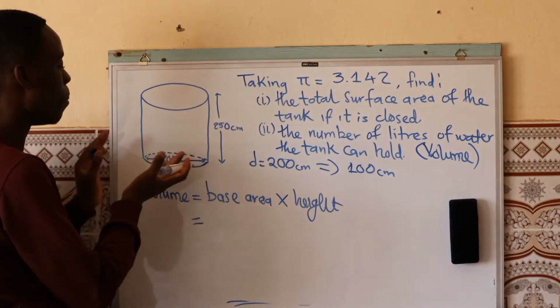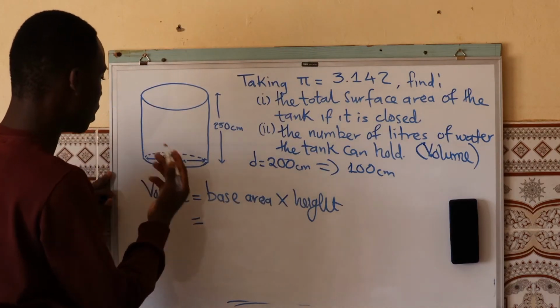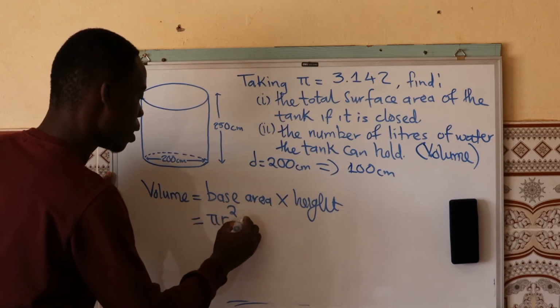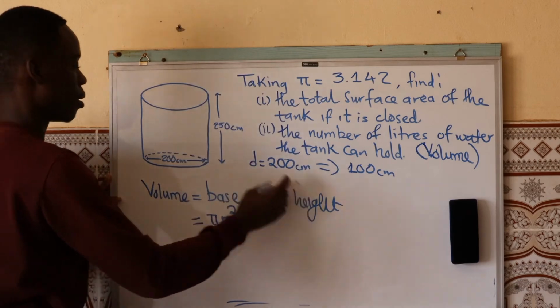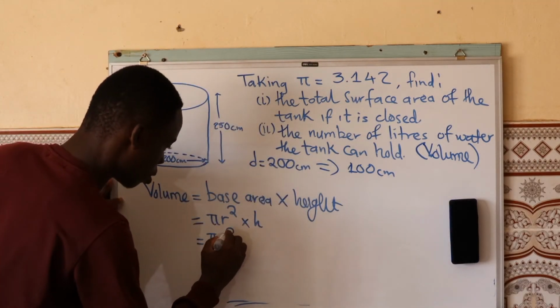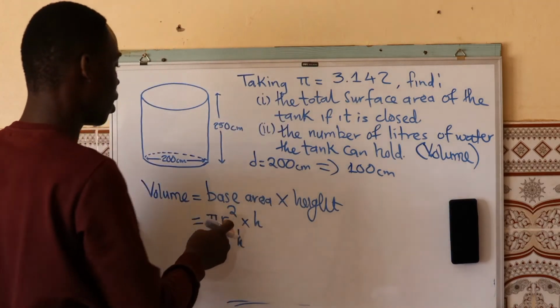In our case, our base area is a circle, and the formula for finding the area of a circle is pi r squared, times the height. So this is pi r squared h, and we replace our data here.